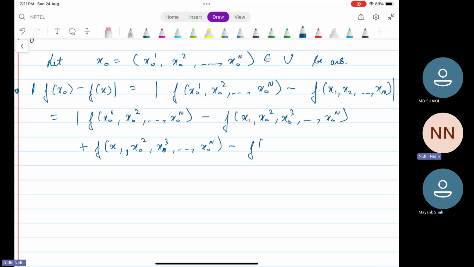Next, I will take the same point with the difference at the second component. So the first component will be the same, x1. I'll replace x naught 2 by x2 and the rest of the terms will be the same. X naught 3 to x naught n plus the same term.